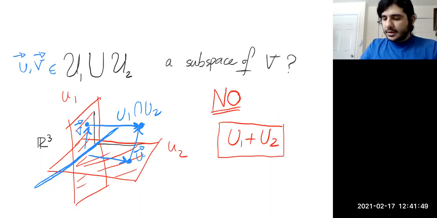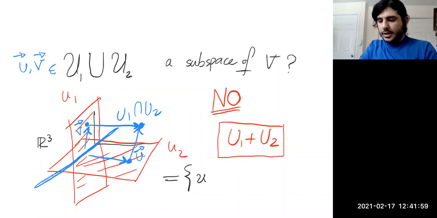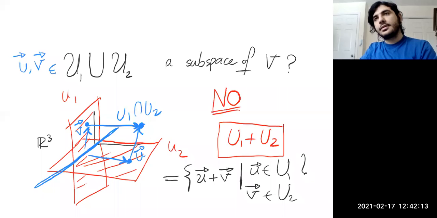Oh, what is the addition of subspaces? Okay, I would just explain that as the last thing. As a set, it means all the vectors of the form U plus V, where the first vector is in the first space and the second vector is in the second space.